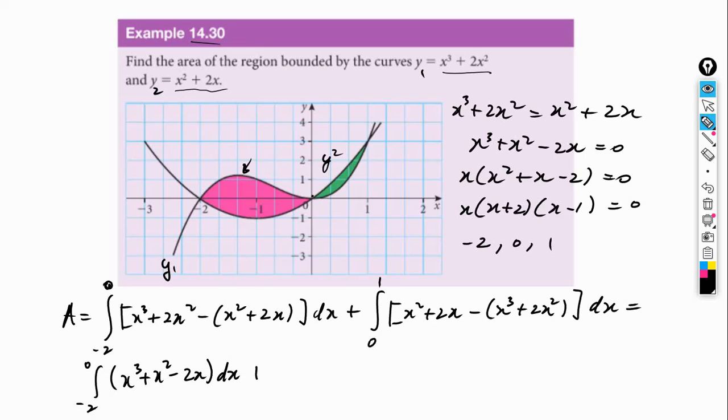And then plus the integral from 0 to 1 of, let's see if we can put this in order here, minus x cubed minus x squared plus 2x.